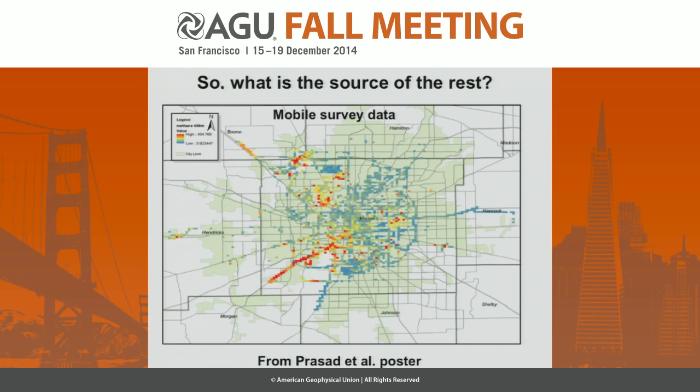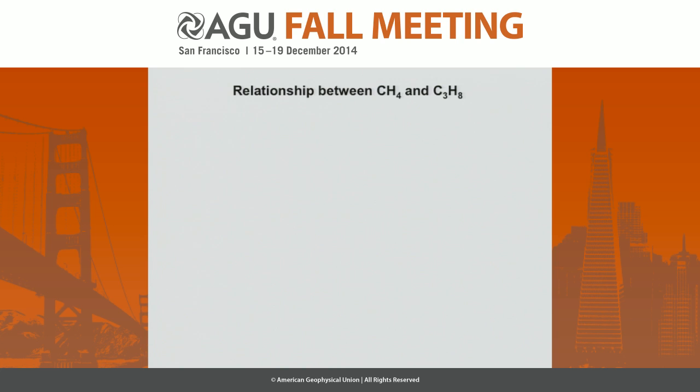And when you remove the large sources from this map, so this is just color-coded enhancement above background, it looks like that there is some diffuse methane source in Indianapolis that is responsible for the other 2/3.